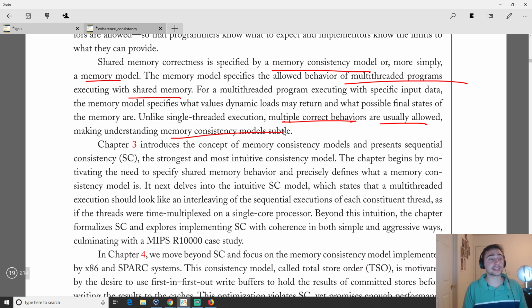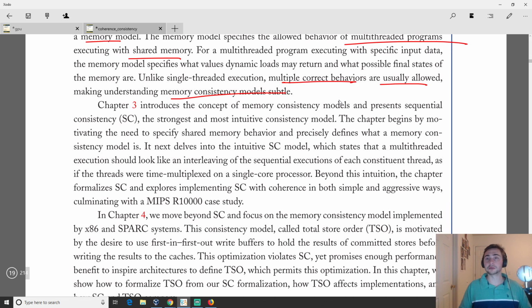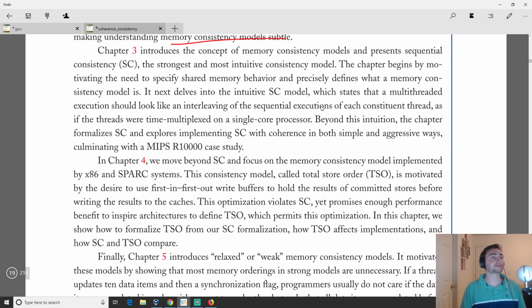And so memory consistency models can be pretty subtle here as to defining, maybe this reordering is allowed and it doesn't lead to any incorrect behavior, but maybe some other reordering isn't allowed, because that would lead to incorrect behavior.